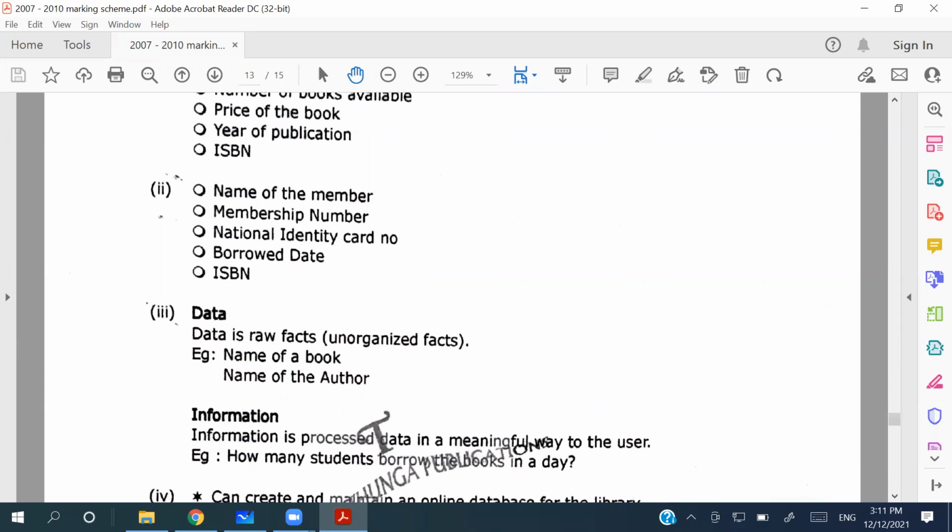those kind of things. And the information is a kind of thing which is given by analyzing this, right? So like how many students borrow the books in a day, right? Which type of books are being borrowed most frequently, right?